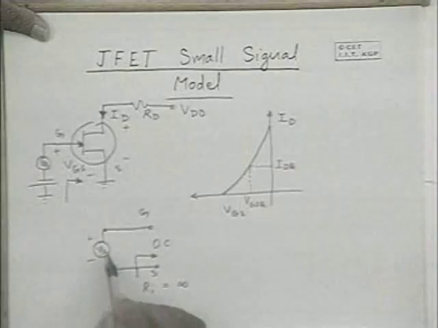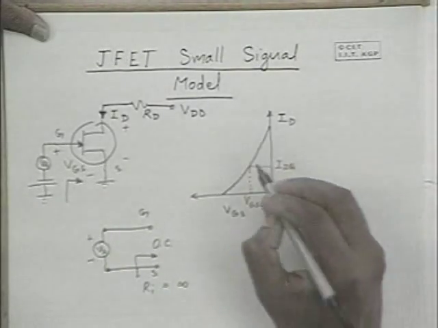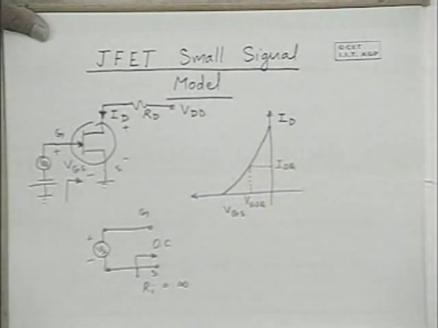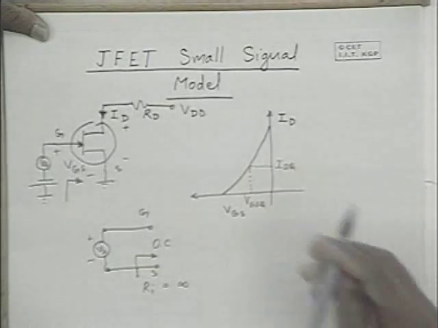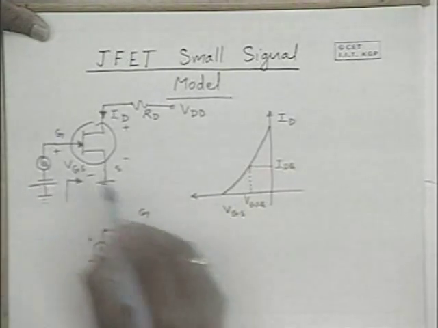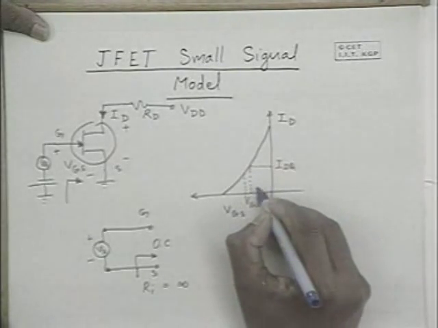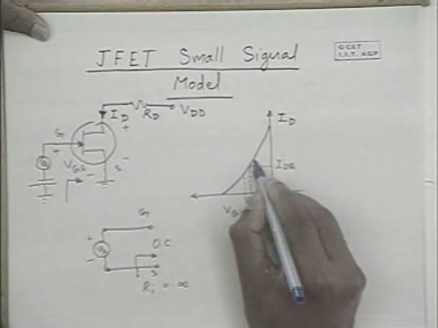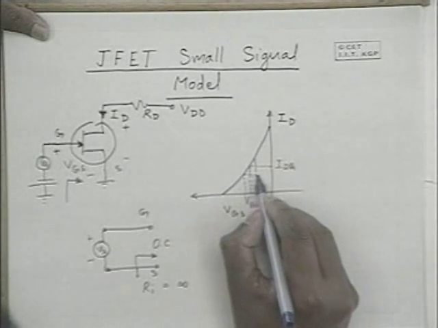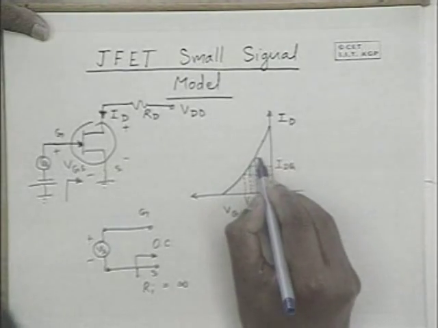Now does this Vs matter? So this Vs plus VGS causes some change in the gate to source voltage, and you will have a corresponding change in the ID.